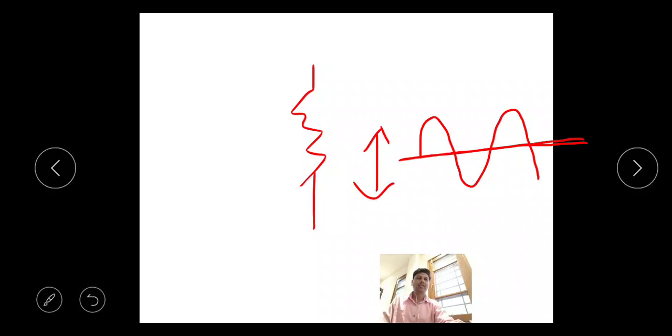So this is the mean position. From this mean position, a to and fro motion or up and down motion is called as vibration.